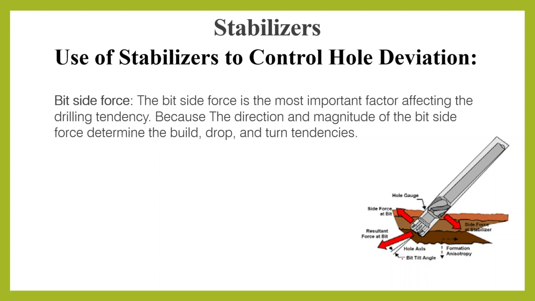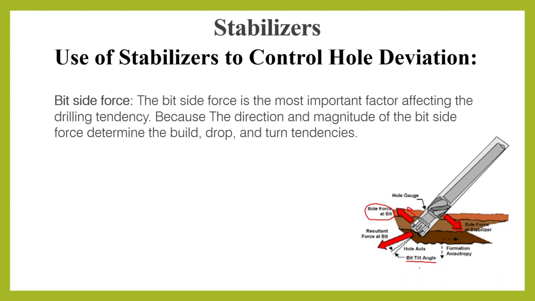If we look at this figure, the bit tilt angle and the force at the bit, or bit side force, are shown. We see here it is on the high side and the force at the stabilizer is on the lower side, so the resultant force at the bit will be to build angle.